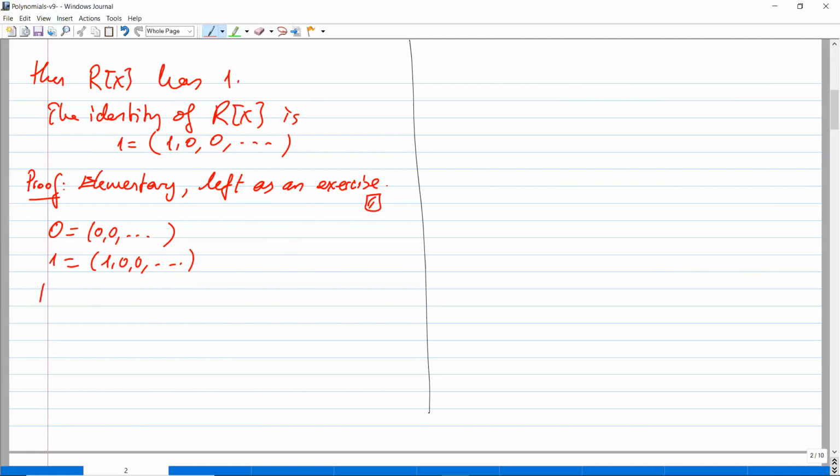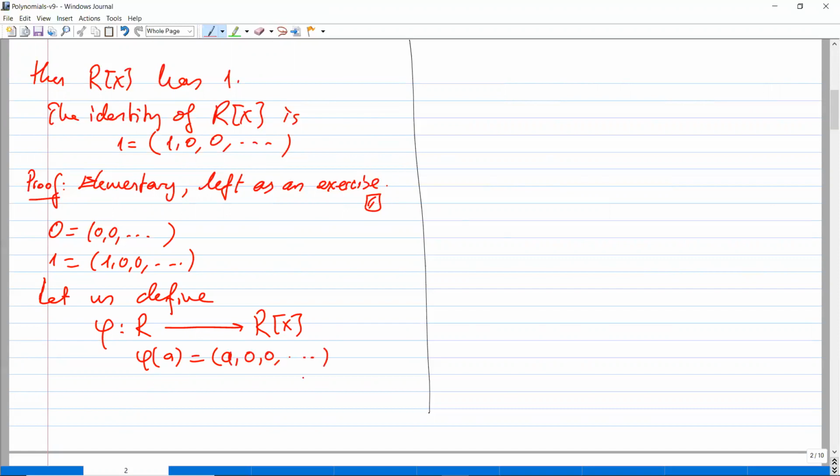Now let's define a function phi from R into R[x]. Phi takes an element a of R to a, 0, 0, etc. It's easy to check that this phi is a ring homomorphism, and it is one-to-one.